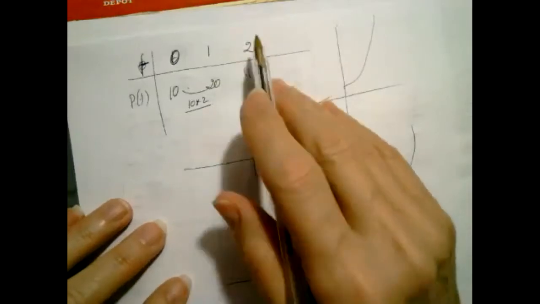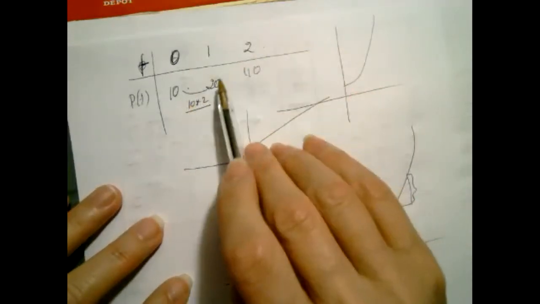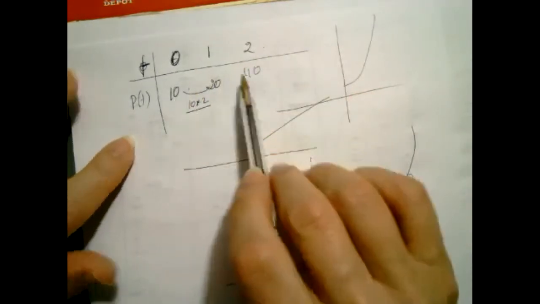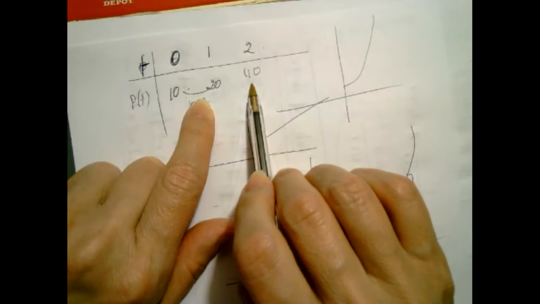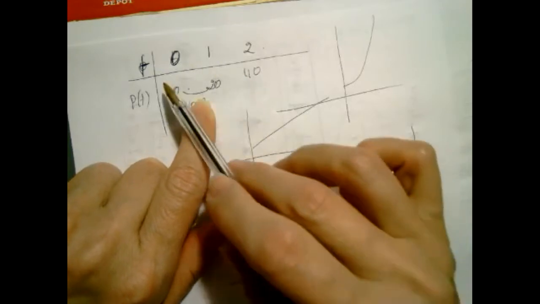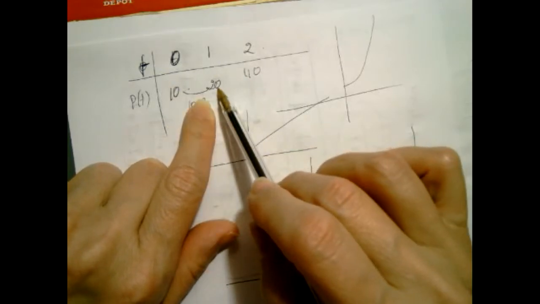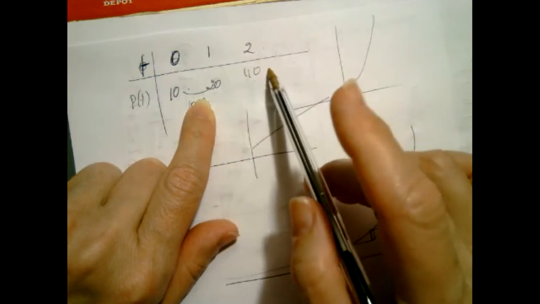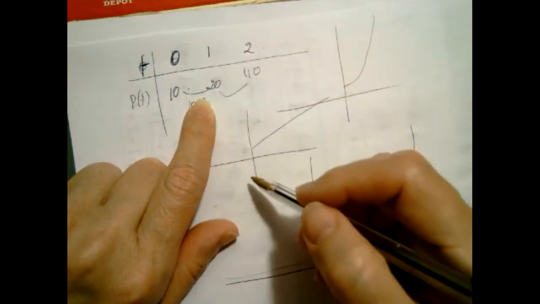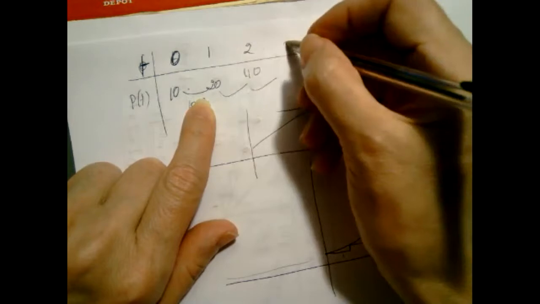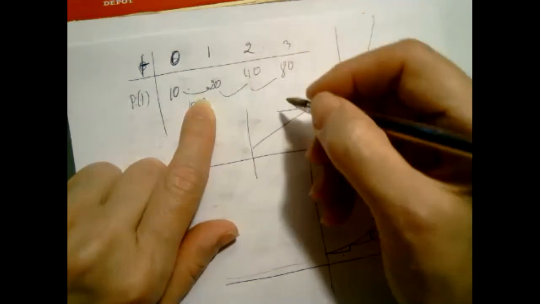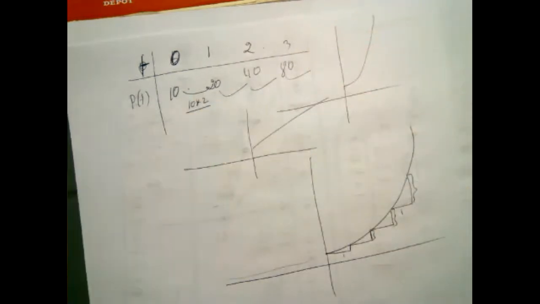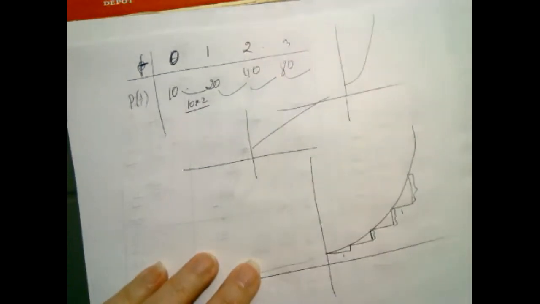One of you mentioned that this is a scenario where the population is doubling every unit of time. That's actually a population that is doubling, not increasing by a constant rate. 20, 40. If you find it at 3, you're going to get 80. That's a typical exponential growth, and that's how bacteria grow.